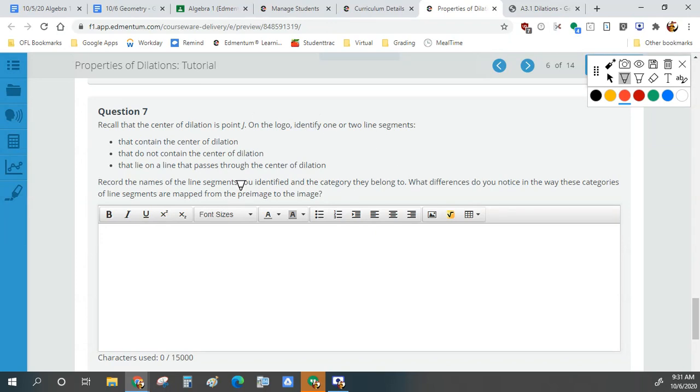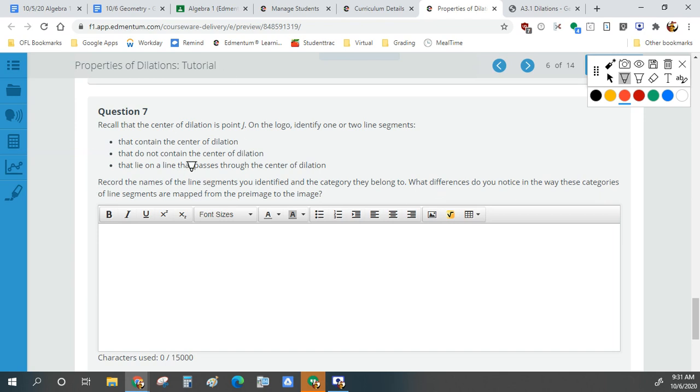So center of dilation, again, that's where we're growing from. So that contain the center of dilation that do not contain certain scalar dilations. Record the names of the line segments and the categories they belong to. What differences do you notice in the ways these line segments are mapped?